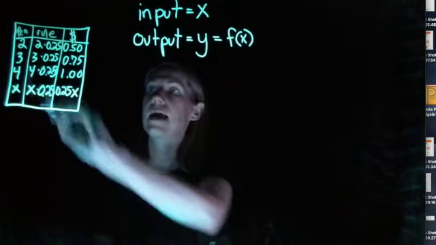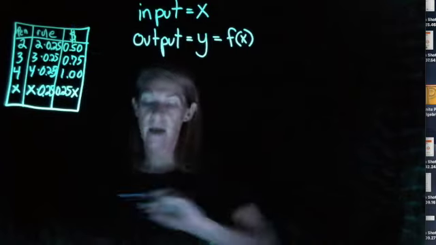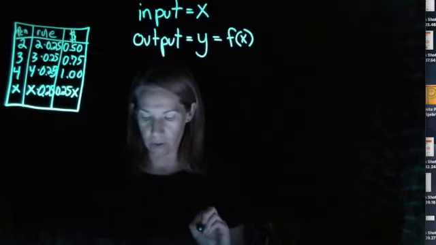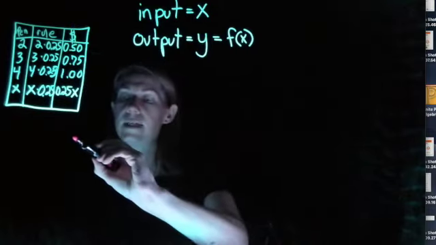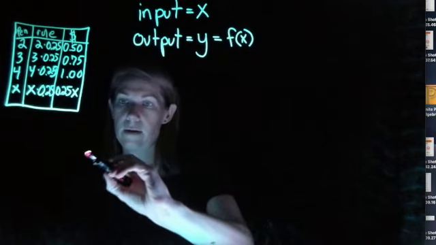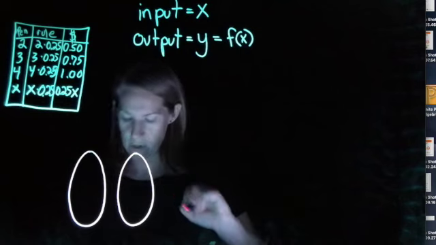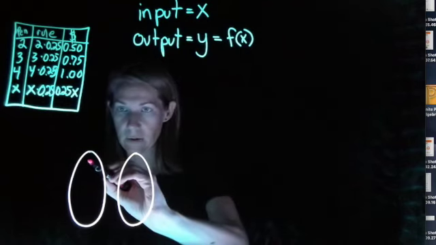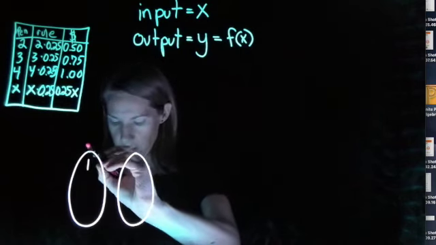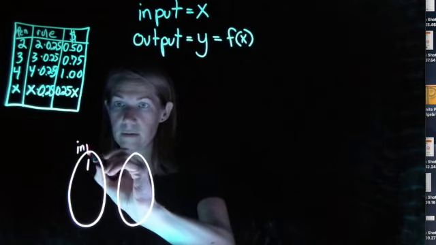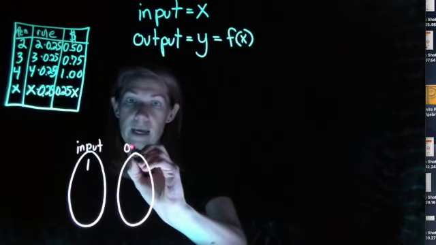Now this is it as a table, but there's other diagrams that you could see, and you might see something like this diagram, okay? And it'll have numbers here, and this will be the input. And this will be the output.